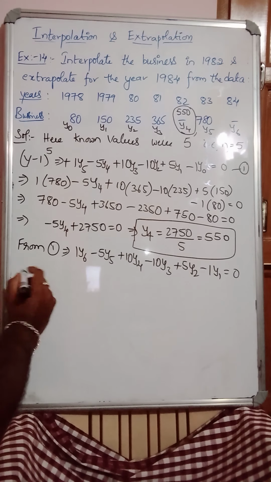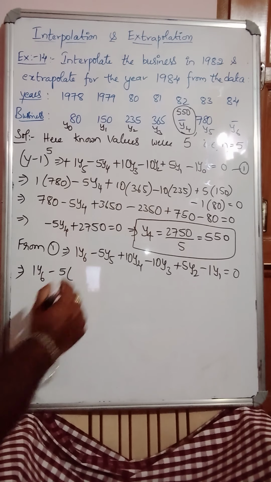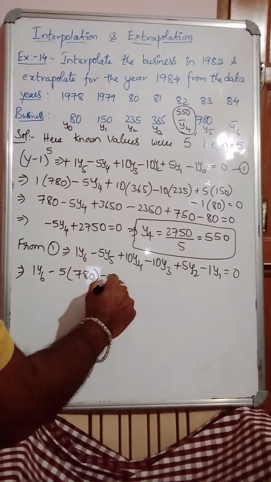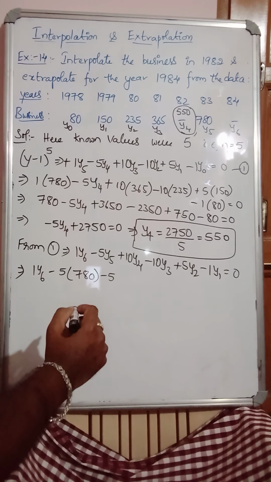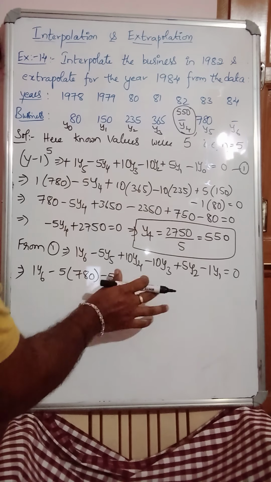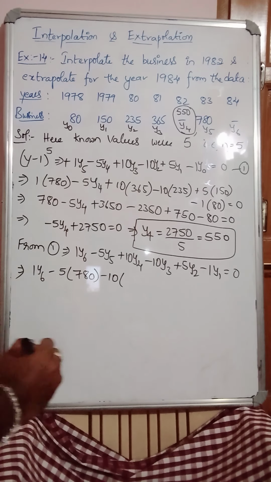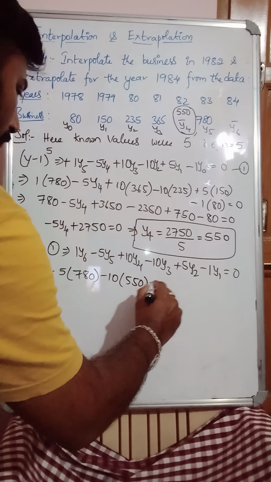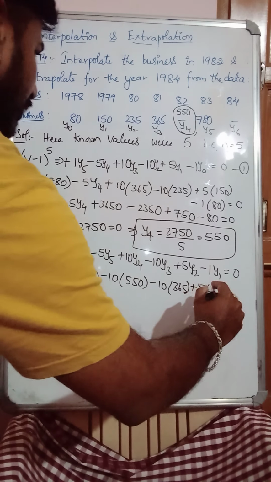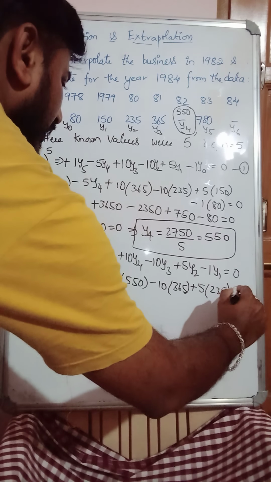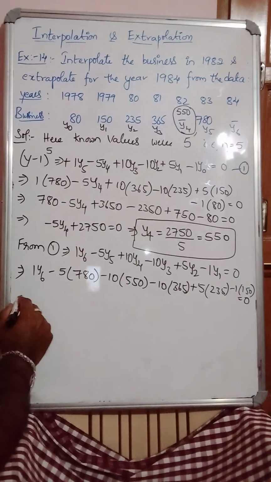Right? Now substitute 1 into y6 minus 5 into what is y5 value? 780 minus 5 into y5 is once again 5 into y4, 10 into y4. What is y4 value? 550 minus 10 into y3 is 365 plus 5 into what is y2? 235 minus 1 into y1 is 150 equated to 0.